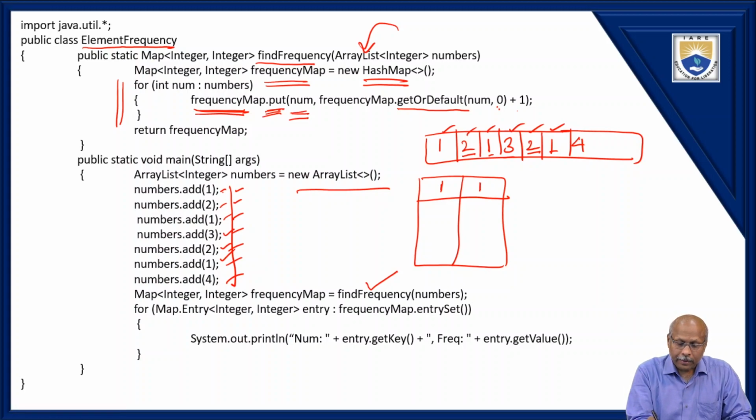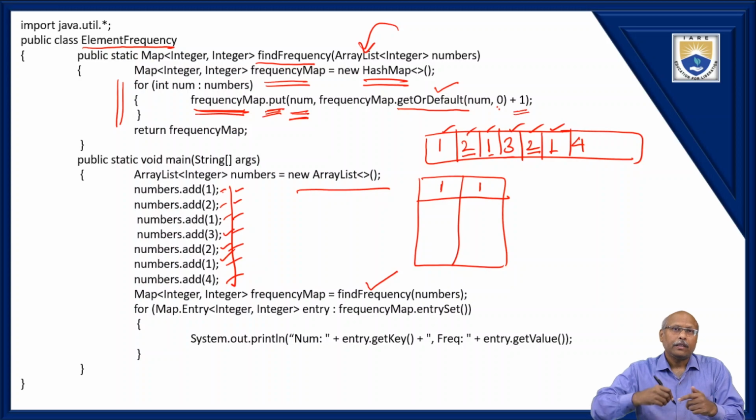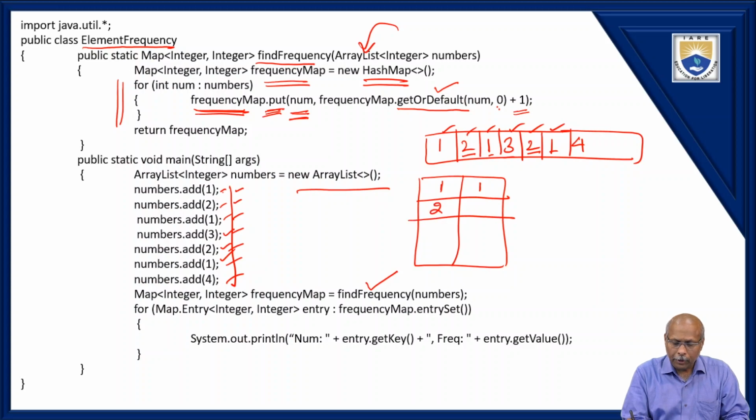That means I am putting the number as the key, and the frequency of that number I am calling through the method getOrDefault. Either get the previous value, otherwise take the default value 0, plus 1. Whenever one item comes, you add 1. Next time 2. 2 is also not there, so 0 plus 1, that means 1.